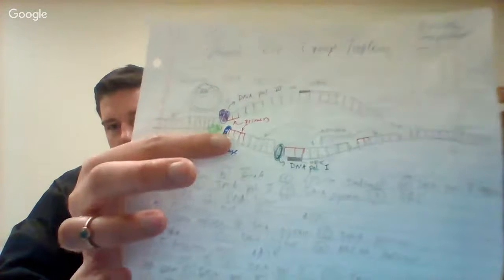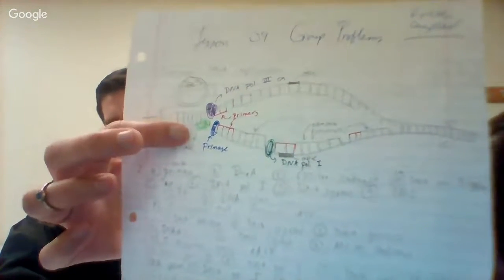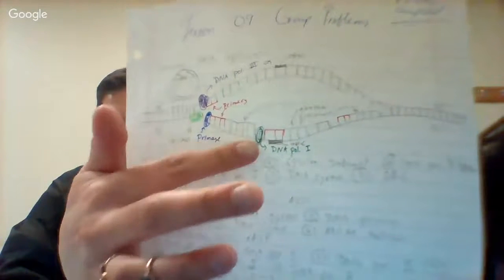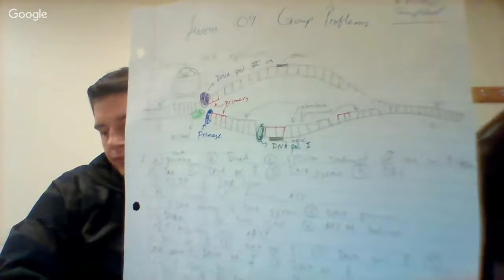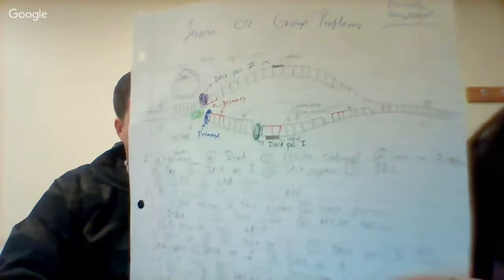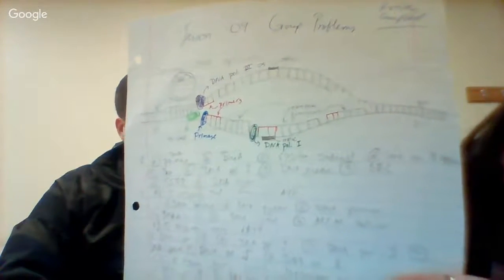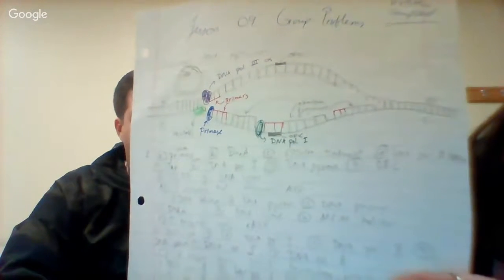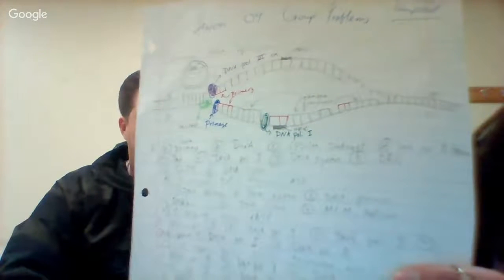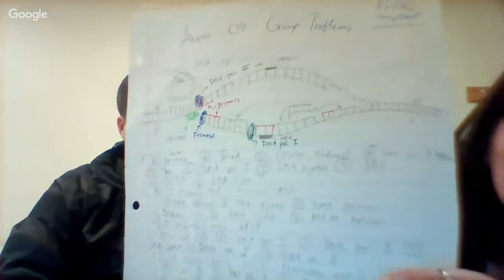Just going over here, and then helicase, which is also going to be over here, and then it says RNA primers, which are going to be in the red over here, which will help create an RNA strand for the Okazaki fragments to synthesize the lagging strand, and also there's one primer for the leading strand.